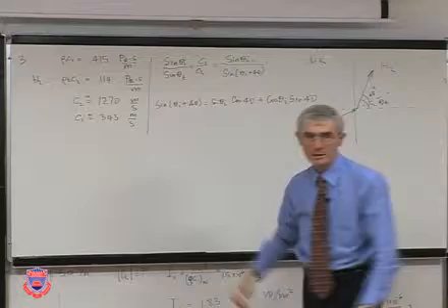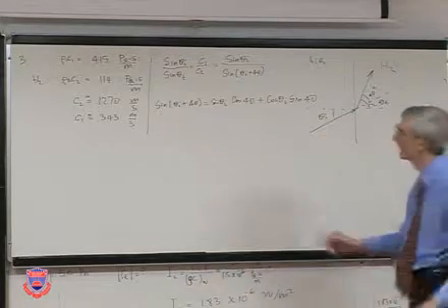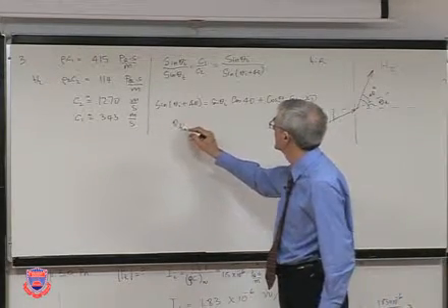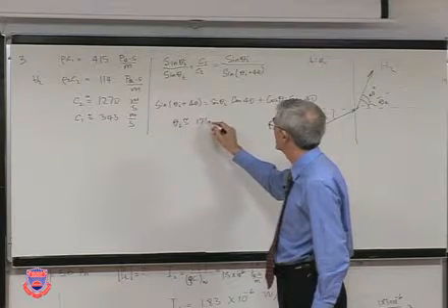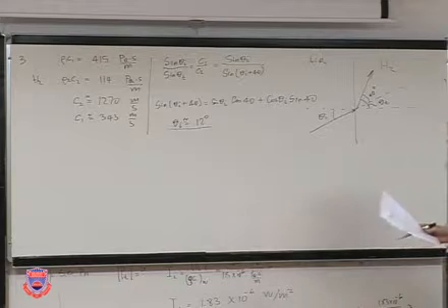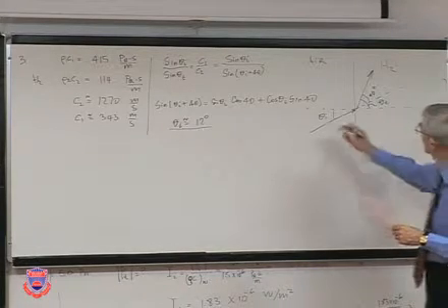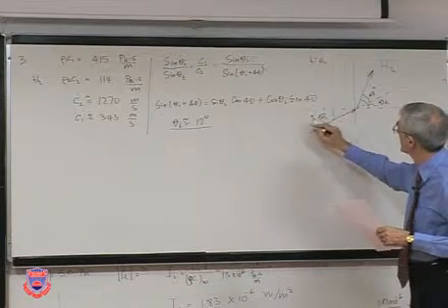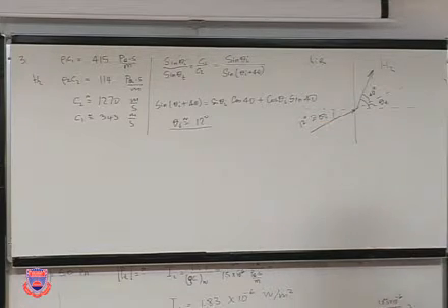If you make the appropriate substitutions from here, you'll find that theta I is something like 12 degrees. Okay, so 12, 13 degrees, depending on how accurately you calculate these.